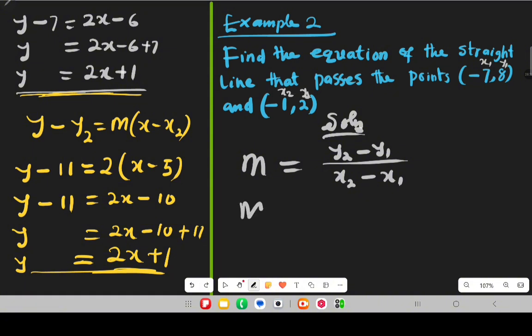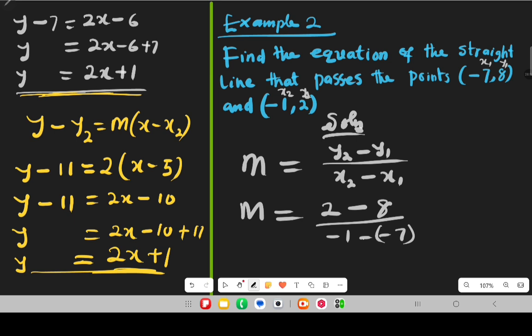Now, m equal to, from the above, y2 is given as 2 minus y1, which is 8, all over x2, which is given as minus 1, and minus x1. x1 is minus 7.